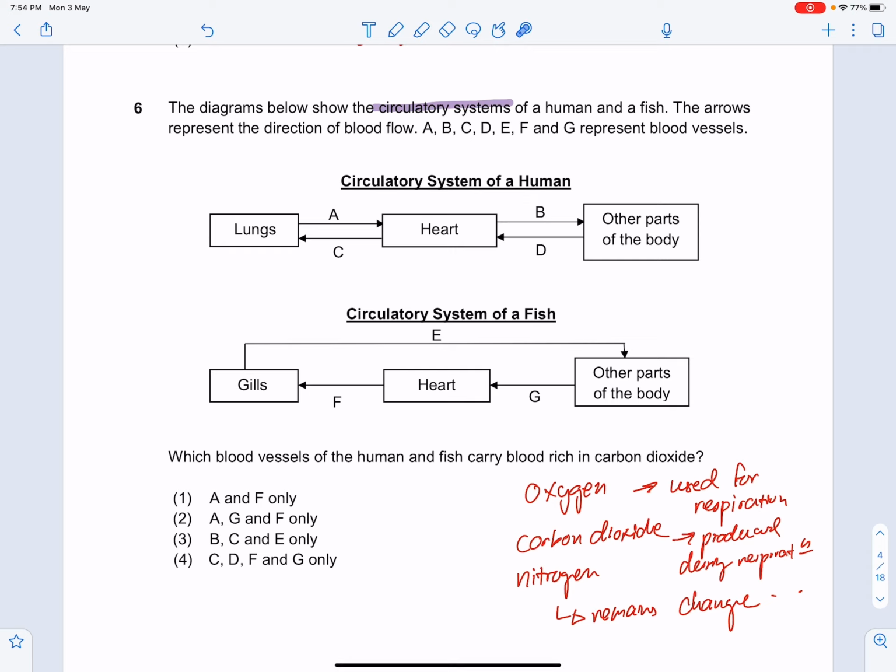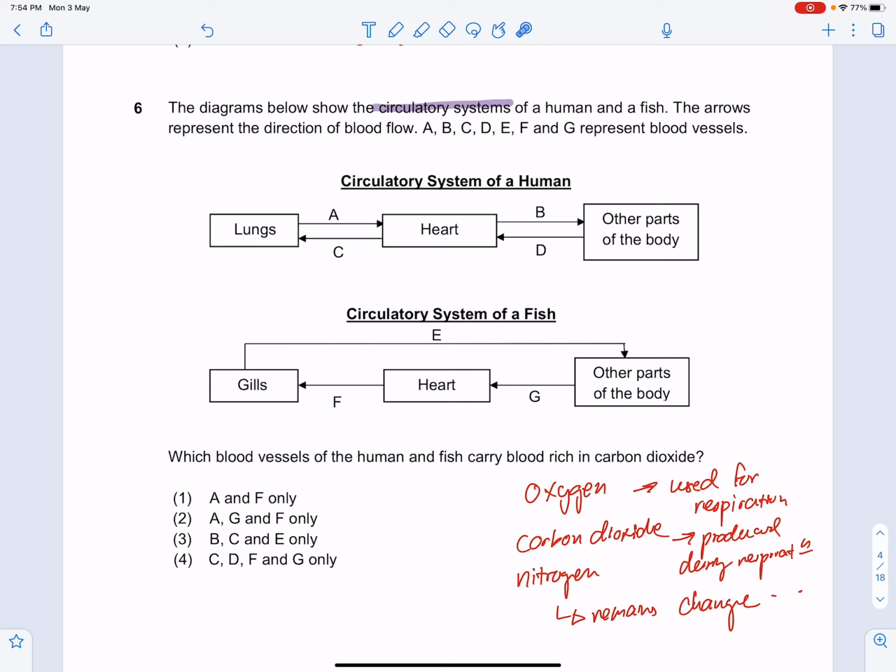Okay, in the circulatory system of a human, the blood leading out of the lungs, in this case A, would have the highest amount of oxygen, because this is where my lungs have carried out gaseous exchange, where oxygen is taken in and carbon dioxide is given out.